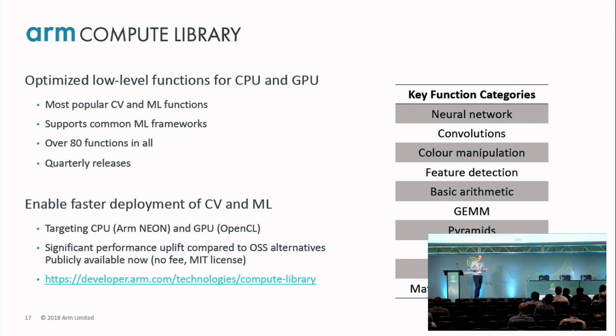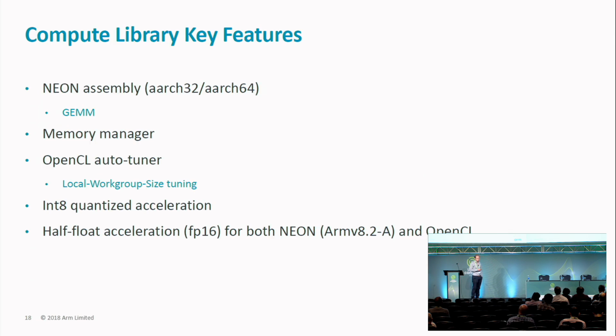And so you can build up more complicated pipelines, including computer vision or signal processing, along with machine learning. And that's also available open source, so you can go to the link there to get access to it.